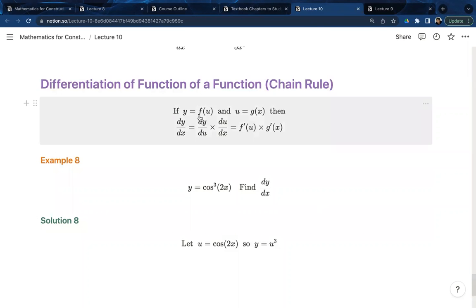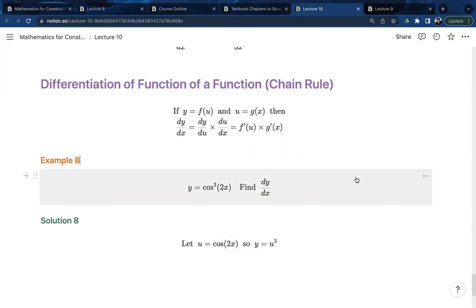So if y is a function of u and u is a function of x, then dy dx is dy du by du dx. You could think of it as the du's canceling to give dy dx here. But again, this is not a fraction. This is function notation. Du dx is not a fraction.